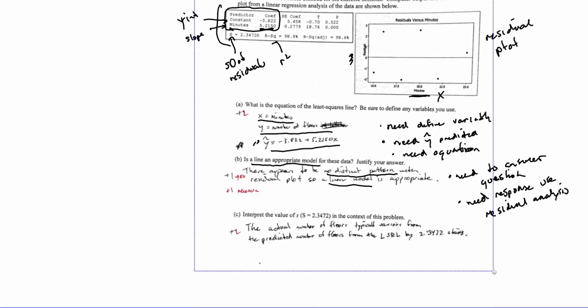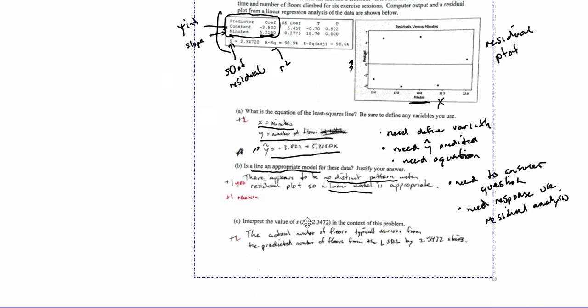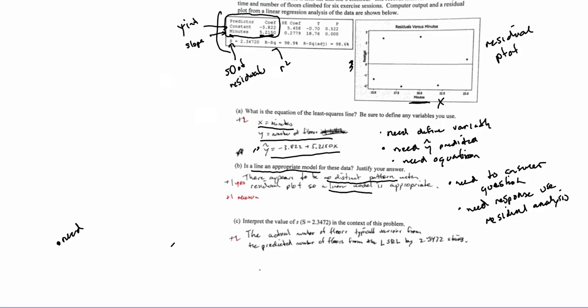And then finally, interpret the S value that you see up there. S is the standard deviation of the residuals. So what are some key things you need in your response? For standard deviation, you need to say the actual y variable.